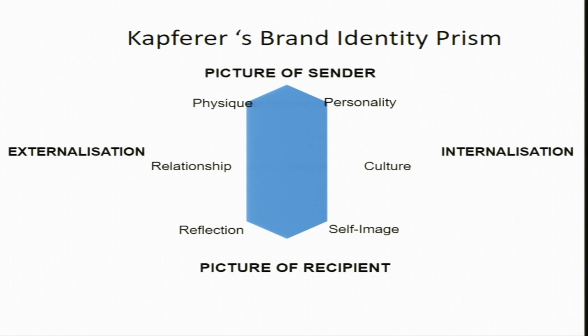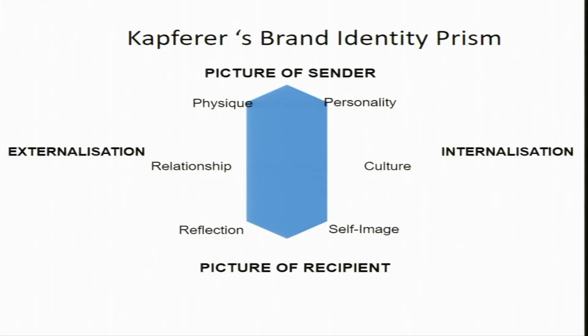The sender is the firm, the organization, the brand manager. So it is the brand manager, the organization, which is creating a picture of the brand identity of the brand, and it is sending that picture towards the consumer. So, it is the sender. On one side of the prism you have the picture of the sender.